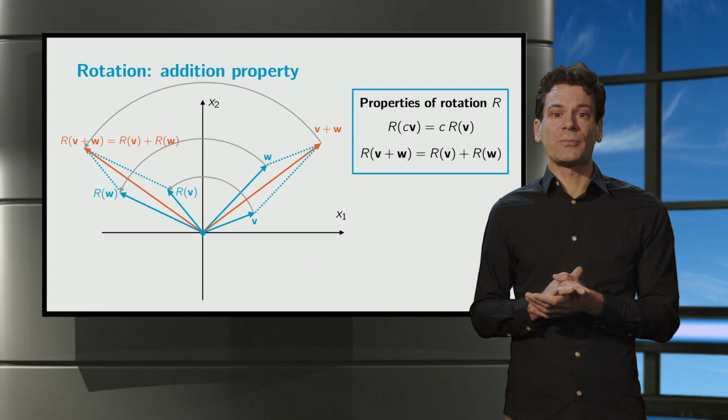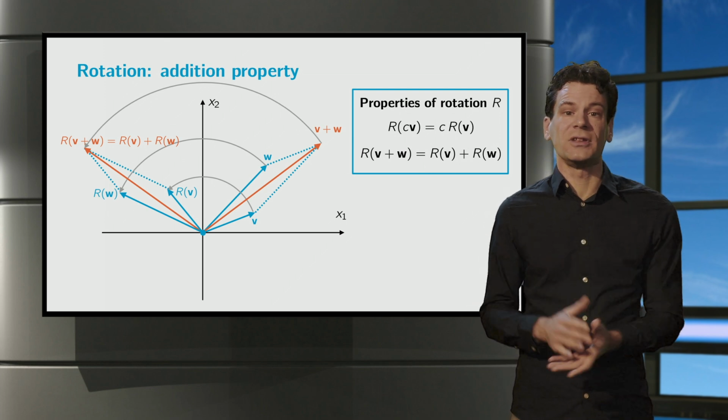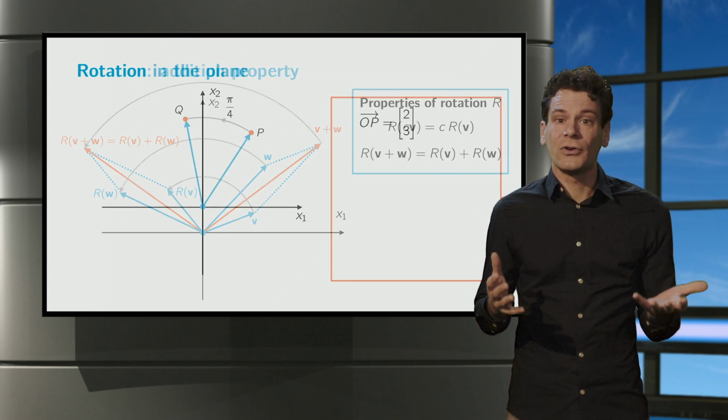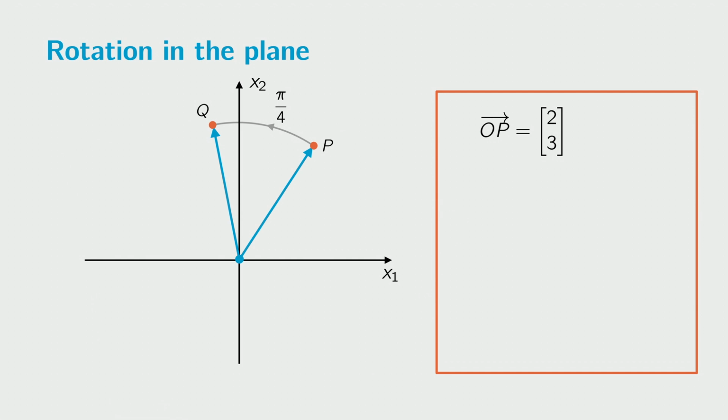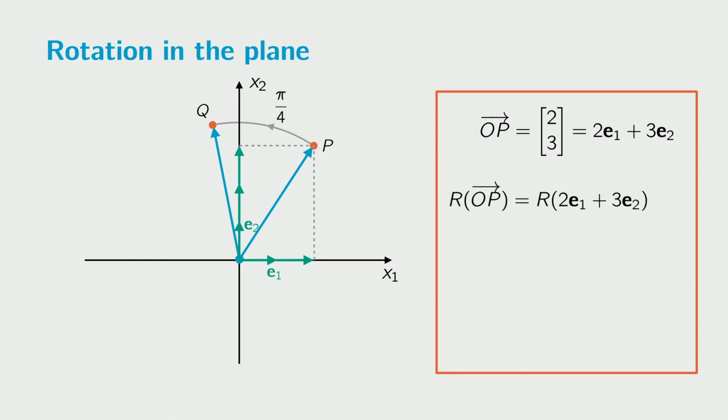Let's go back to the first problem and see how we can exploit these properties. First, note that we can write vector OP as a linear combination of the standard unit vectors E1 and E2. OP equals 2 times E1 plus 3 times E2. So rotating OP by an angle of pi/4 comes down to rotating the sum 2E1 plus 3E2 by pi/4.